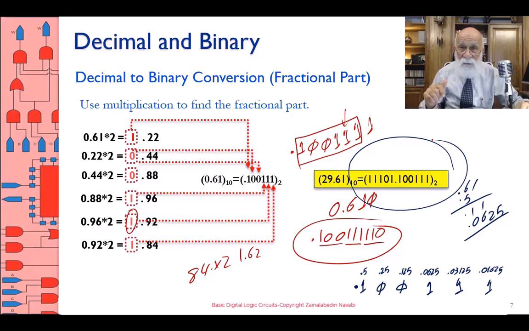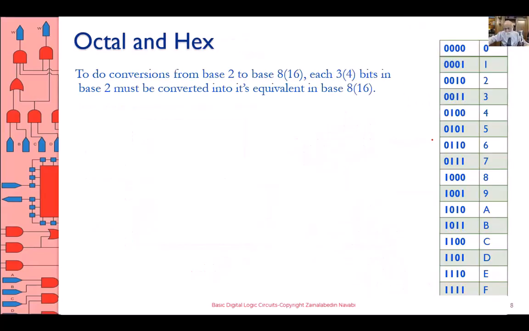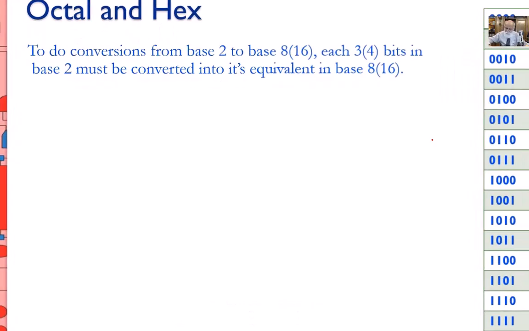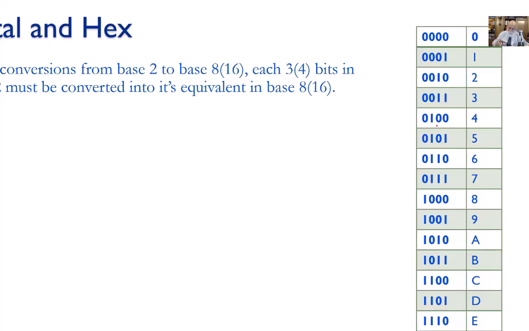So instead of representing these in binary, what I can do is turn it into hex or octal. Actually, hex is the way it goes now, but octal was used many years ago.